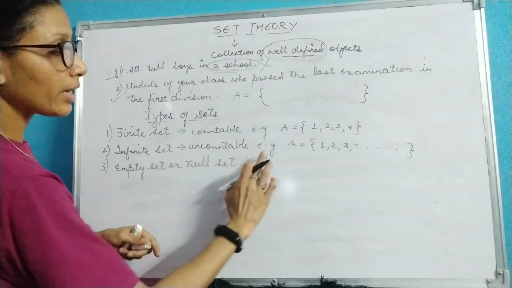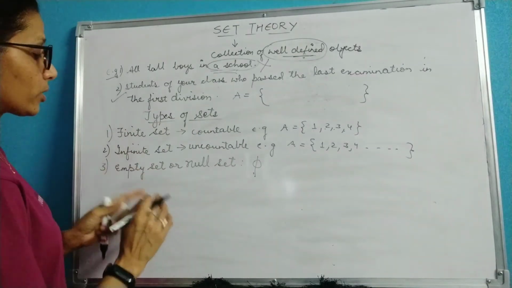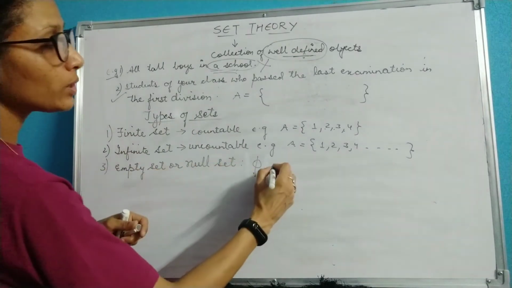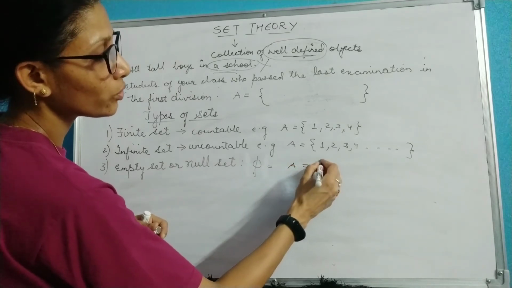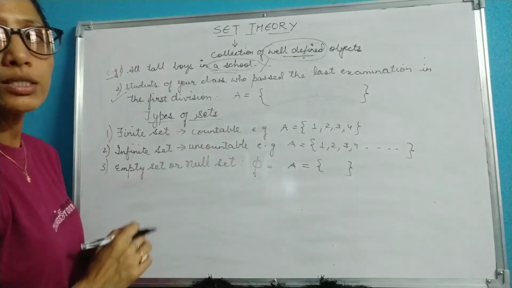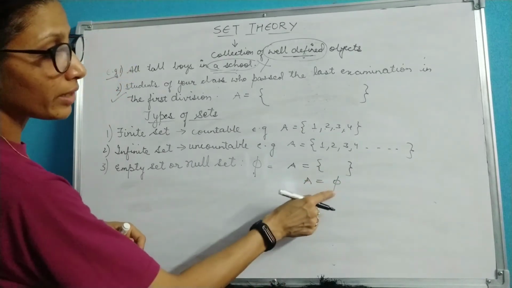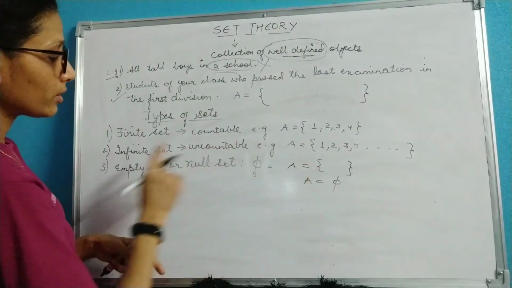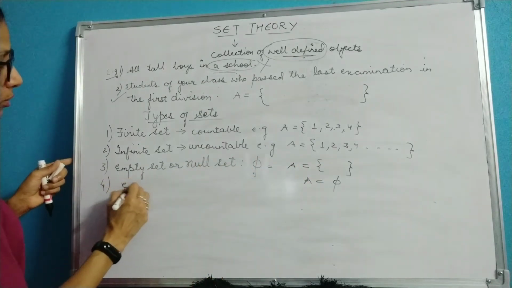So if you are writing empty set, then write it without the brackets. Empty set or null set means you don't have anything in it. So you don't have any element in it. So A equal to this symbol. You will be writing it like this if it represents empty set or null set. Then you come to equal sets.